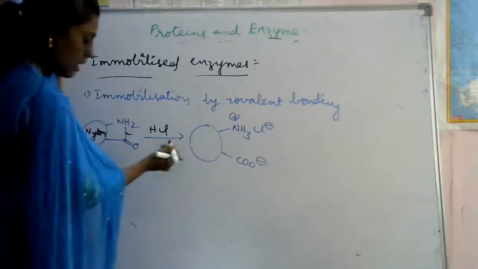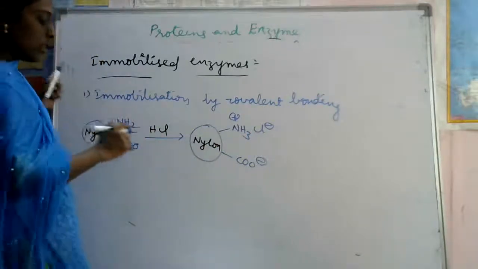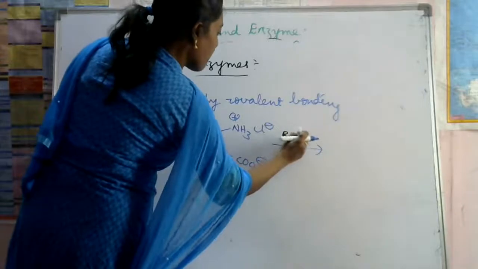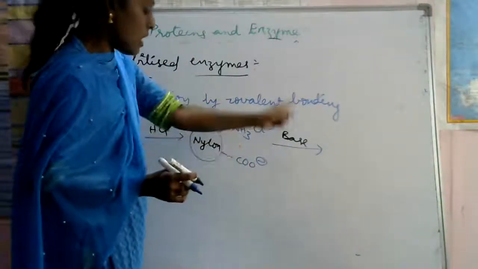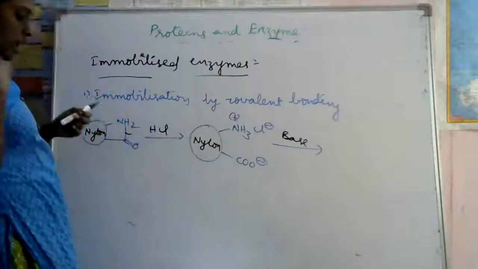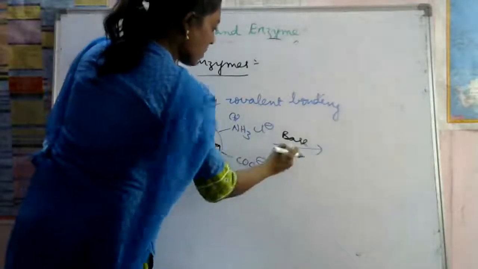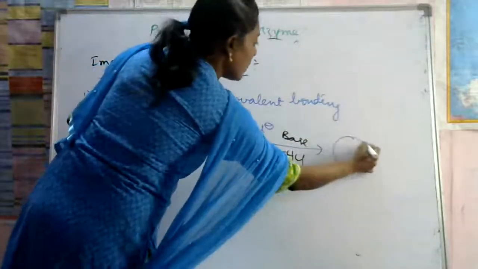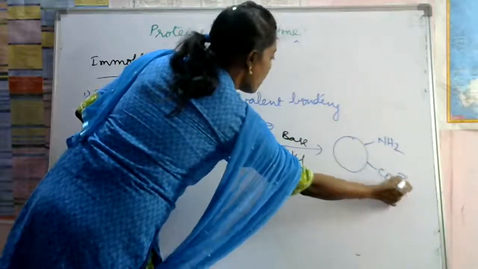When this reacts with base, HCl is removed and it forms NH2 and COO minus.